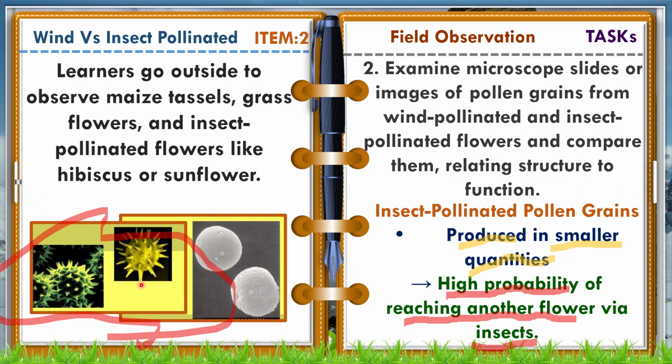By insects, from the anther heads to the stigma. So there is no need for you to produce very many of them, because there is a sure probability, a guarantee that they are going to reach the stigma of a flower.